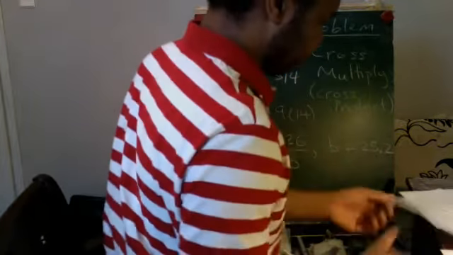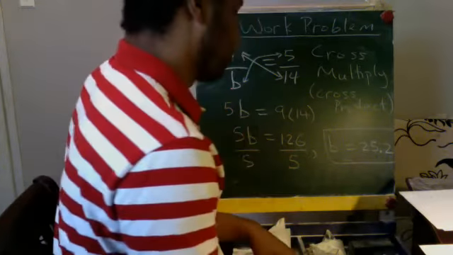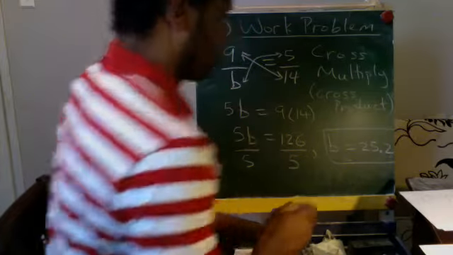Is that true? 25.2? Yes, 25.2. So the other person is going to take 25.2 hours. Jake takes 25.2 hours to work on this. All right, so that's the answer.